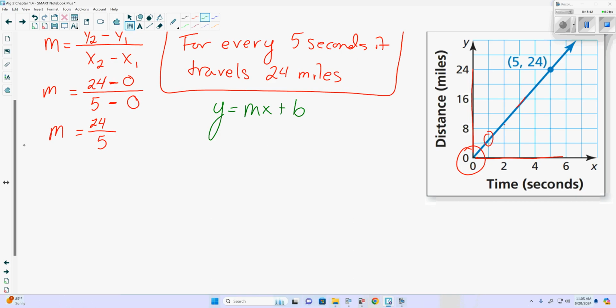Because for us here, our slope we found to be 24 over 5. And the b value is the y value of the y-intercept. So it would be 0.